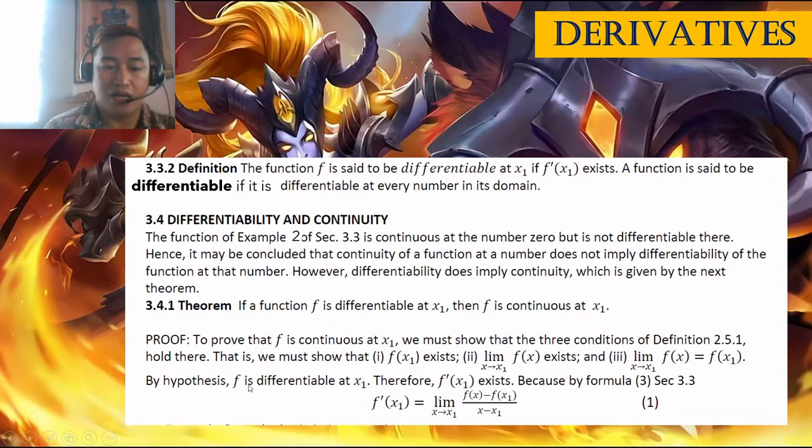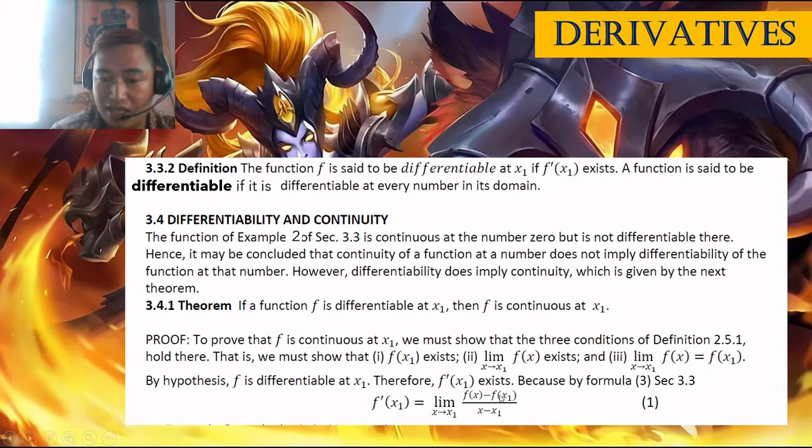Since by hypothesis f is differentiable at x sub 1, therefore f prime of x sub 1 exists. That is from the definition. Then we use the formula for f prime of x sub 1. If this is to exist, f of x sub 1 must exist.